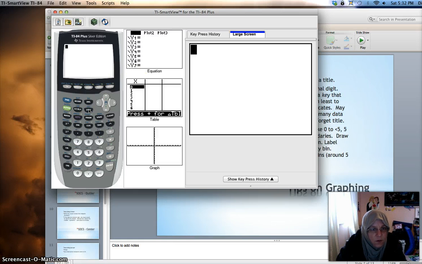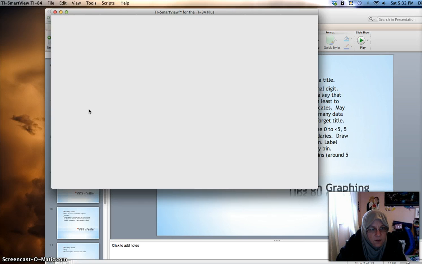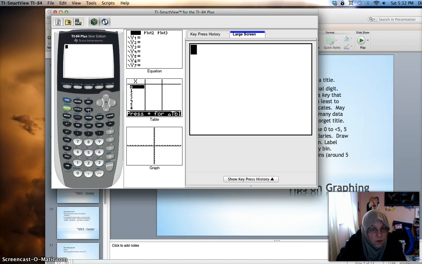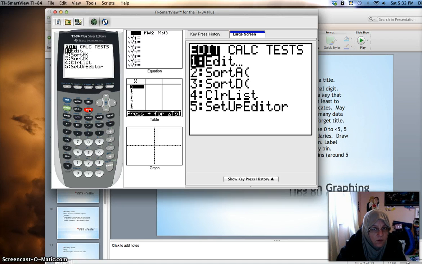Okay, so if we go to our calculator, we would need to have some data in a list that we want to make a histogram for. So we go into stat, edit, enter.